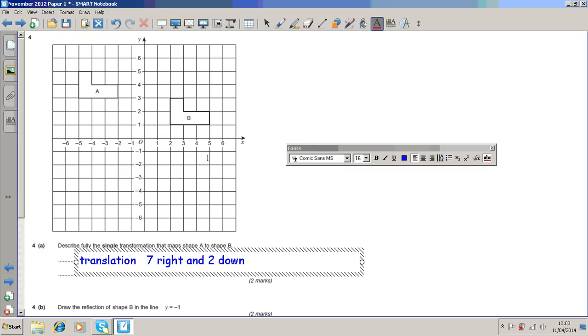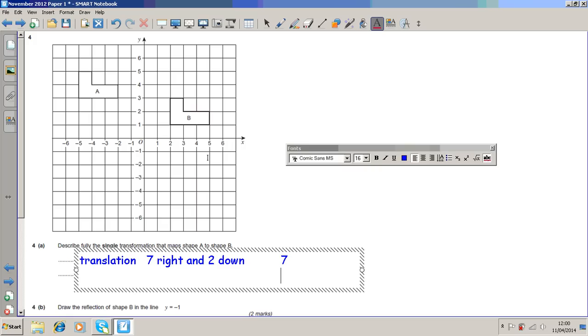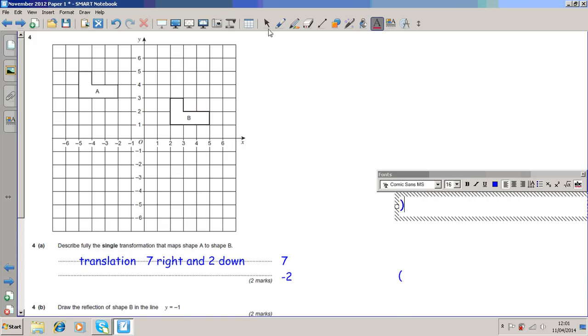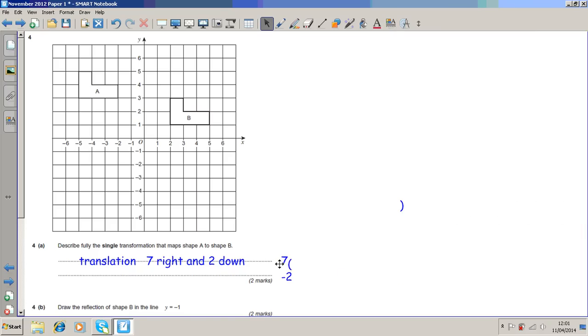Now it doesn't ask us to use a column vector, but we should be able to, if it does, which would look a bit like that, with some brackets around it. So look a bit like that, hopefully.